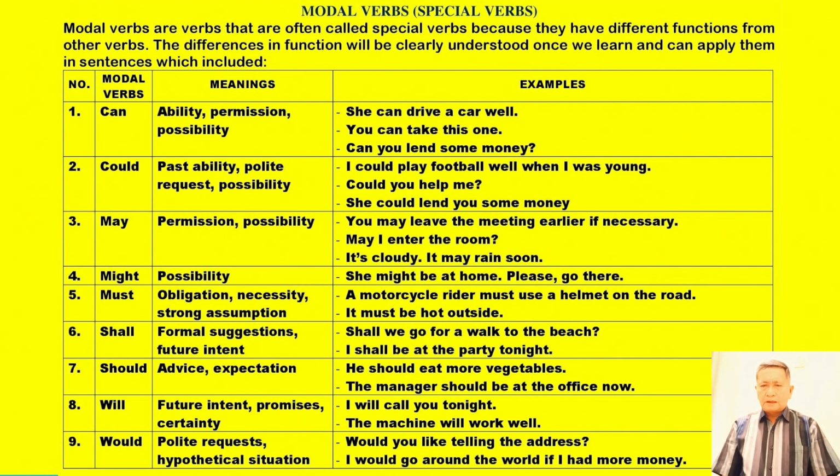Would, the past tense form of will. It has the meanings of polite requests, hypothetical situations. For example, would you like to tell me the address? I would go around the world if I had more money.